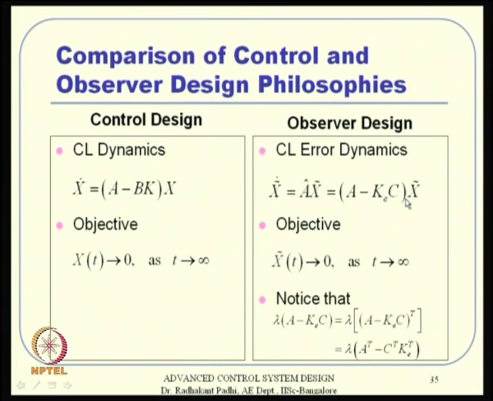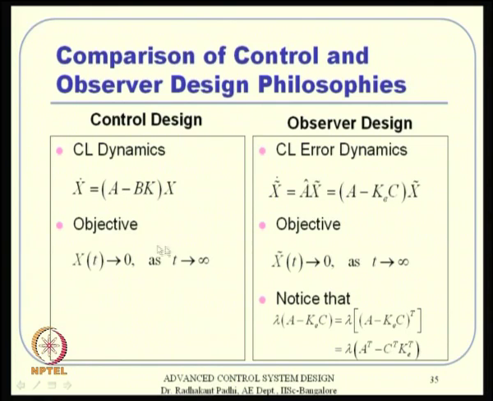Now, let us go back and see what we have done in the LQ control design, that is, linear quadratic control design using LQR theory. There, we designed a controller such that the closed loop system dynamics is x dot equal to A minus B k times x, where the objective was to make x go to 0 as t goes to infinity. Here, the error dynamics is x tilde dot equal to A minus K E C times x tilde, with the same objective: x tilde goes to 0 as t goes to infinity.